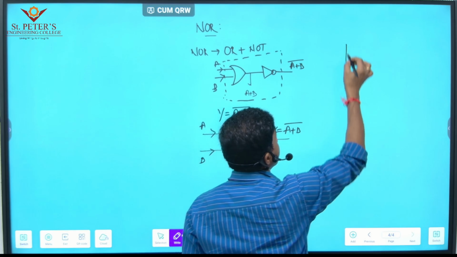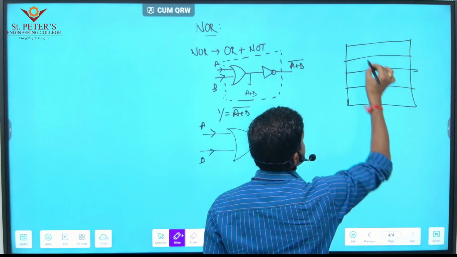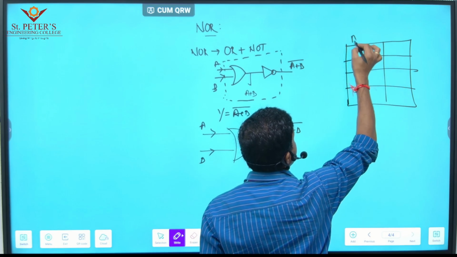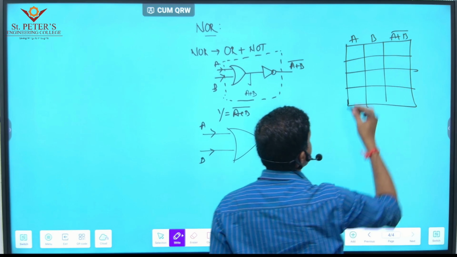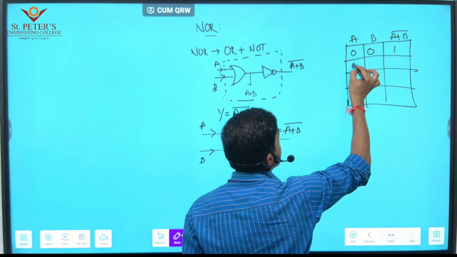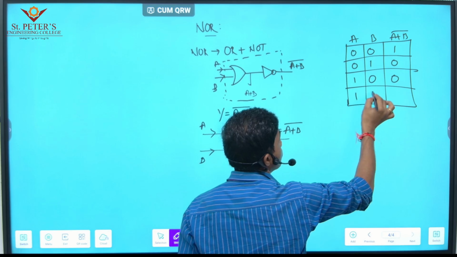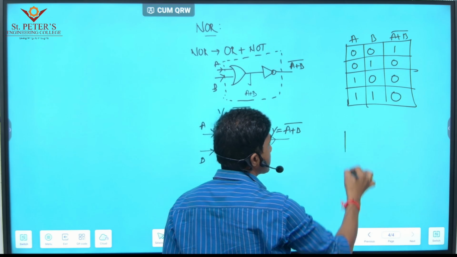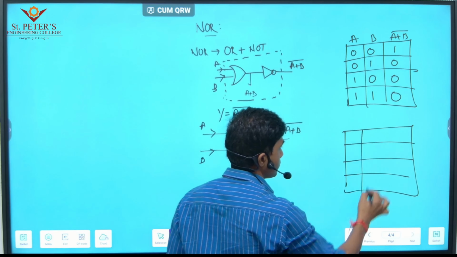The truth table of NOR gate is A, B, A plus B whole bar: 0 0 gives 1, 0 1 gives 0, 1 0 gives 0, 1 1 gives 0. So let us compare this NOR truth table with the OR truth table.